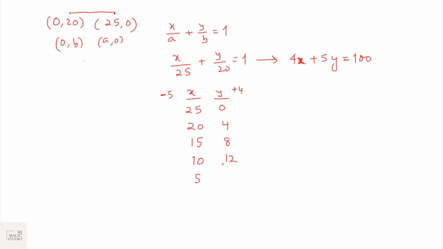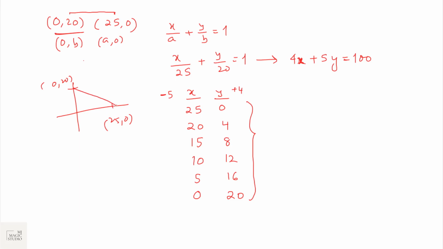10 minus 5 is 5, 12 plus 4 is 16, 5 into 4 is 20, 16 into 5 is 80, which will give us 100 again. 5 minus 5 is 0, 16 plus 4 is 20, bingo, we reached our next point B. So on this line segment which joins 25, 0 to 0, 20, there are 1, 2, 3, 4, 5, 6 points which give integral solutions.